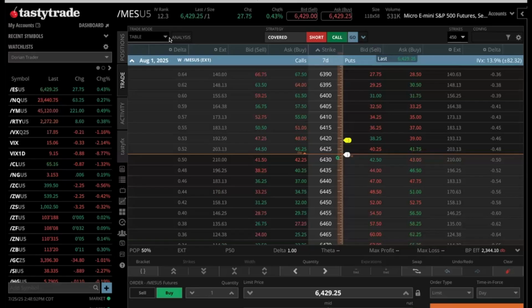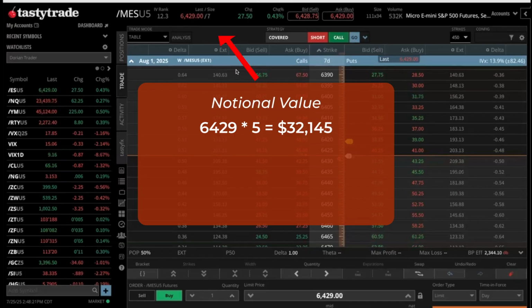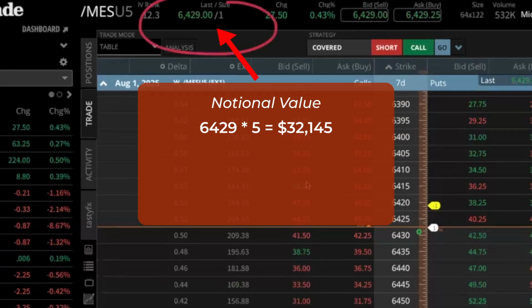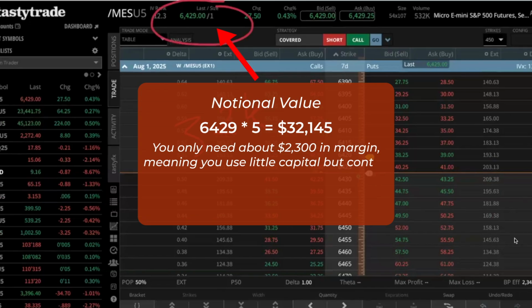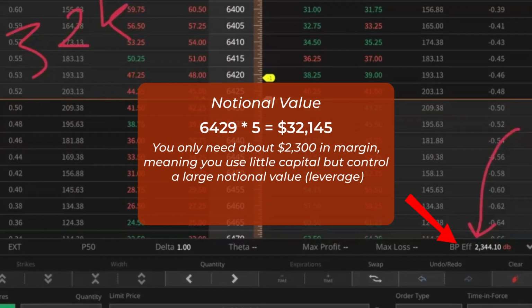What I mean by that is that if you take this 64.29 and you times it by the denominator of $5 per point for this MES, that's going to tell you the notional value. So 64.29 times 5 is $32,145. That's how much this micro futures contract is worth. It's worth over 32K. You're only having to put up $2,300 to be able to control this contract that's worth $32,000.